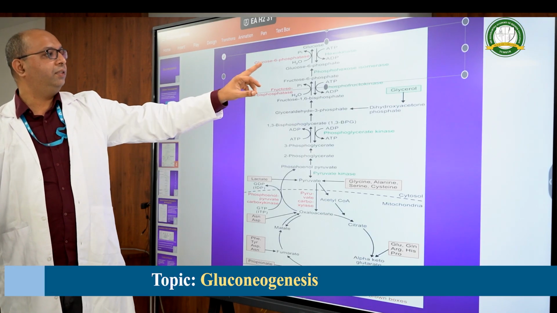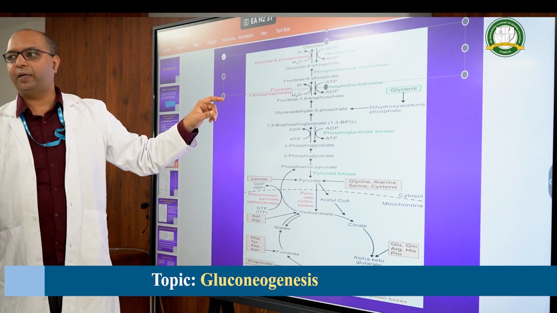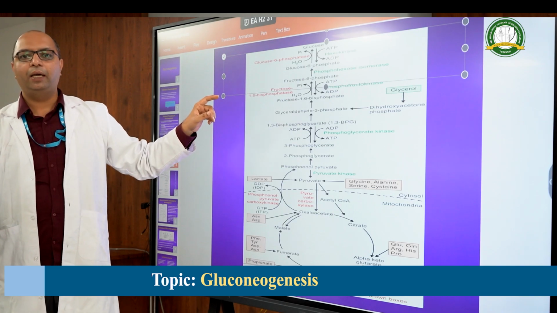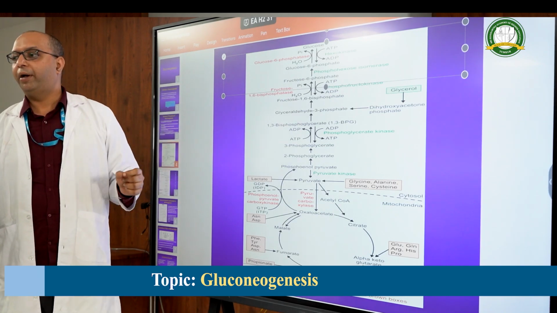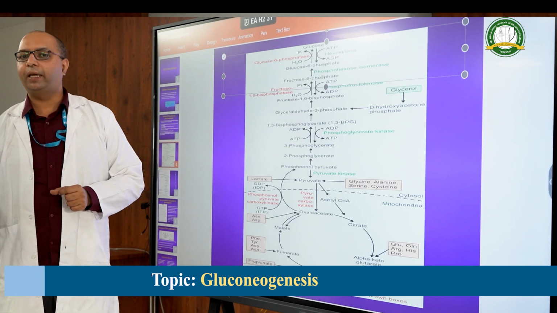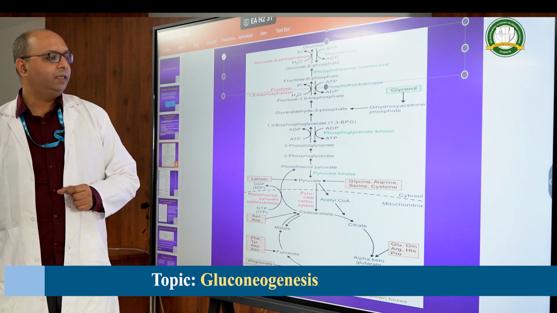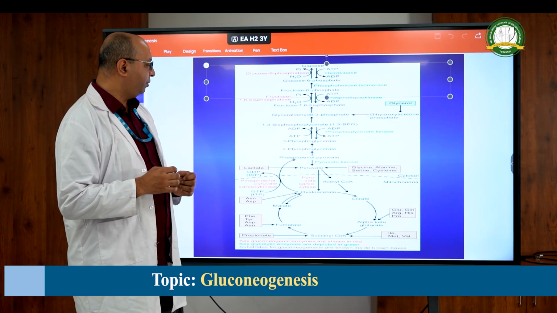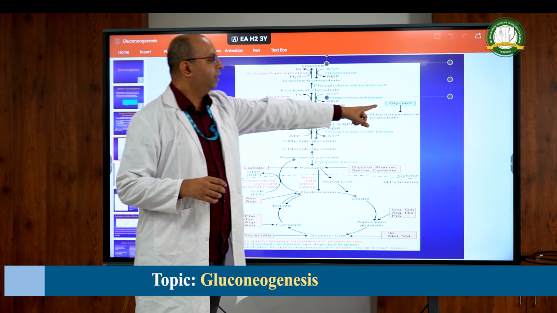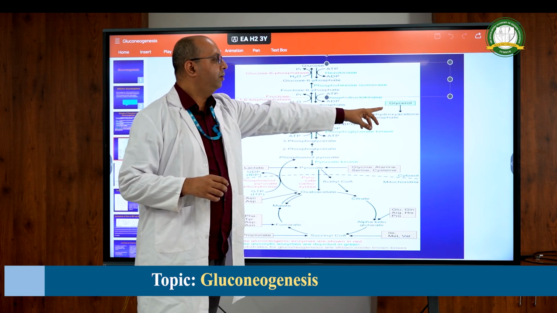Okay, you have to remember these 4 enzymes: glucose 6-phosphatase, fructose 1,6-bisphosphatase, PepCK and pyruvate carboxylase. These are the 4 key enzymes of gluconeogenesis, and you have to remember where each substrate enters.